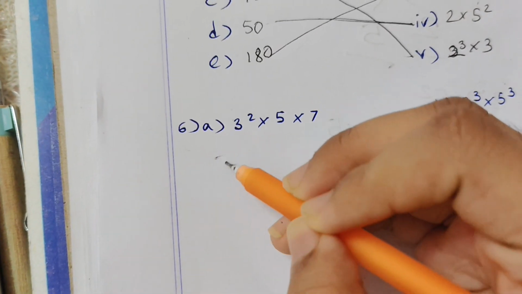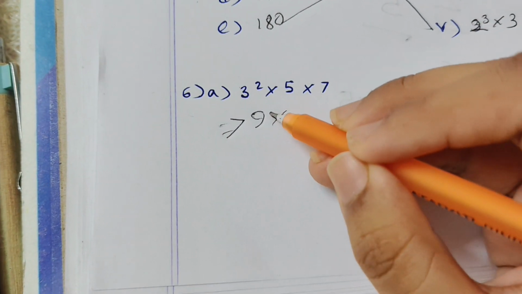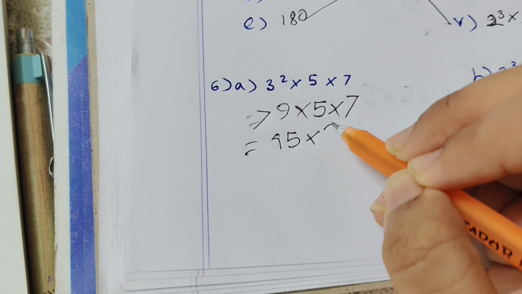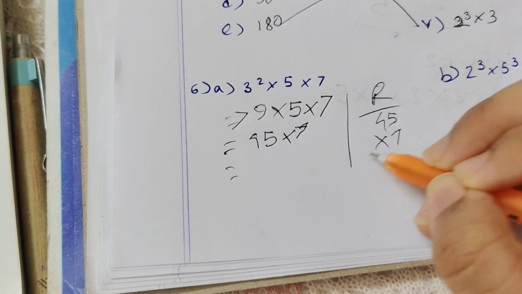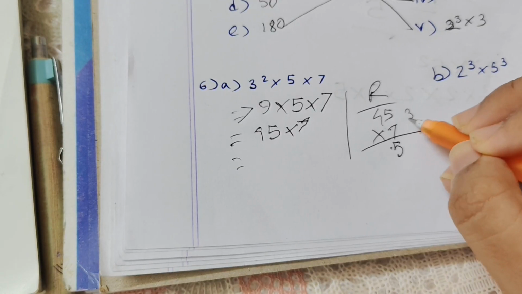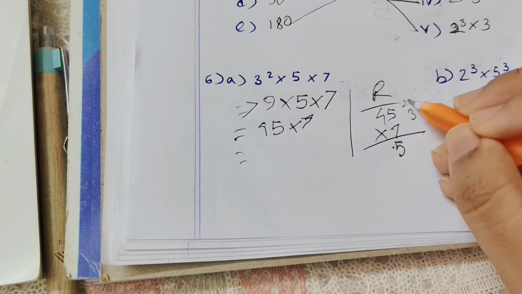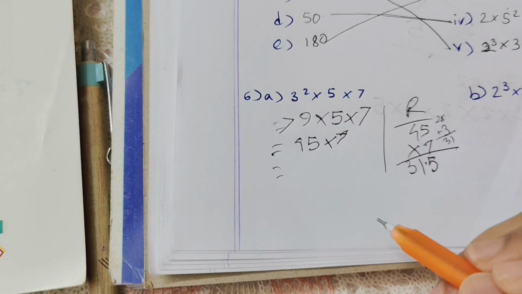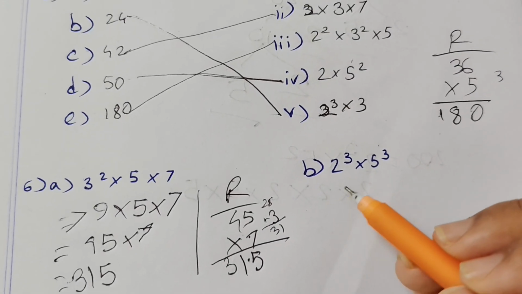So let's first see what 6a is. 3 square is 9, multiplied by 5, multiplied by 7, is equal to 45 multiplied by 7. 45 multiplied by 7: 7 times 5 is 35, leaving 3. 7 times 4 is equal to 28. 28 plus 3, we get 31. So our answer is 315.